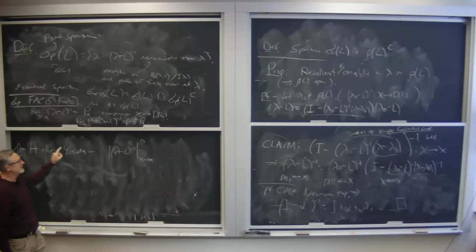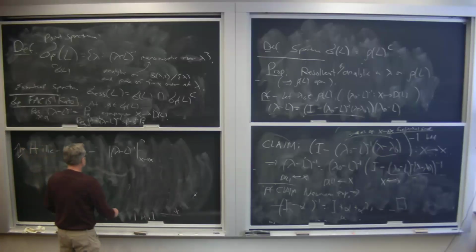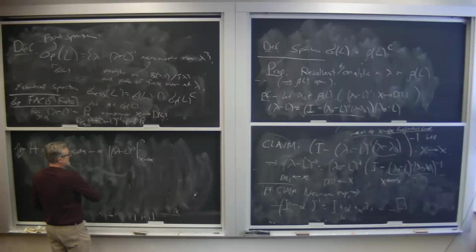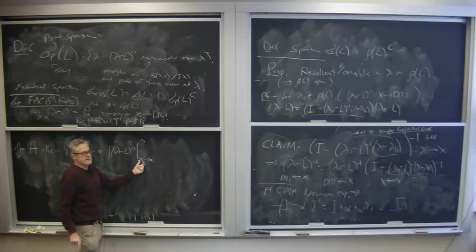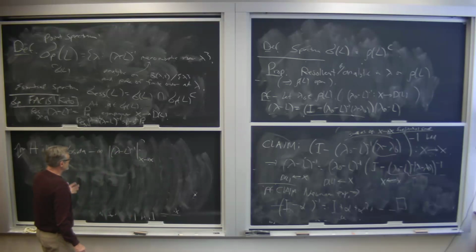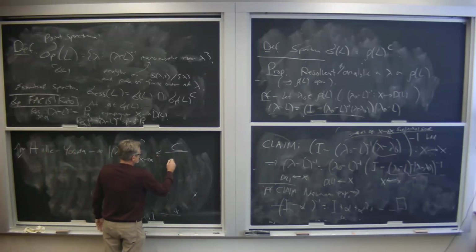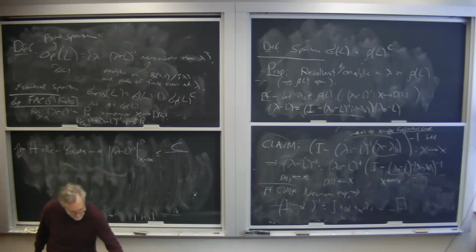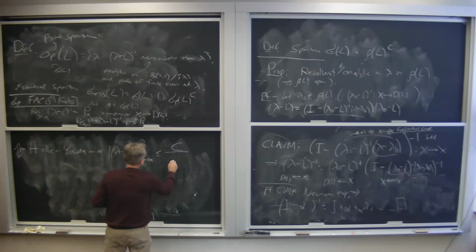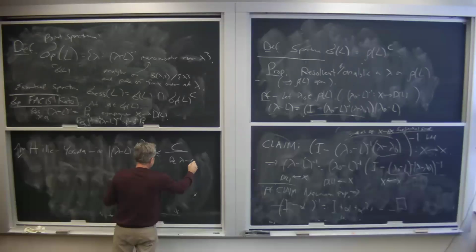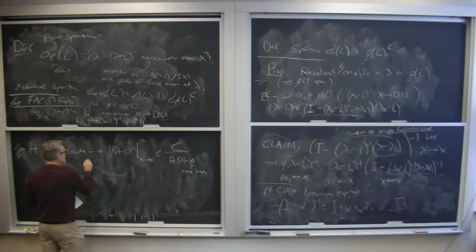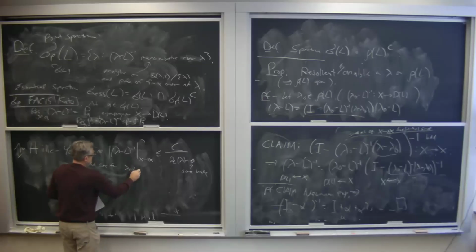So I'll repeat. This is the Hille-Yosida theorem. It says that this condition, that the resolvent operator, now considered as an operator from X to X, which it certainly is, is bounded by C over real part of lambda minus some theta, and the same for lambda minus the adjoint.